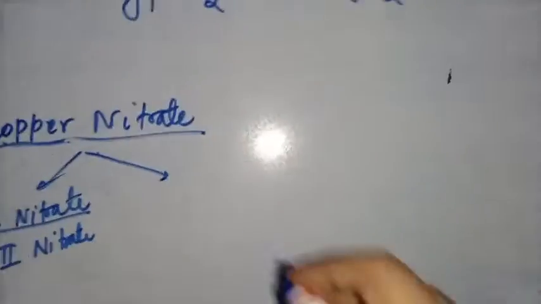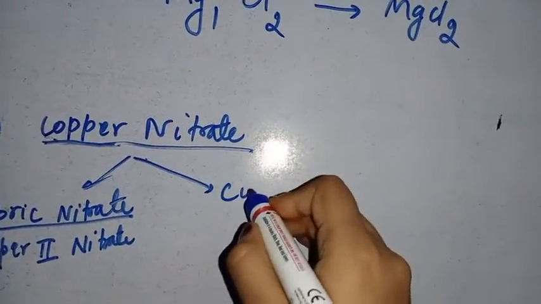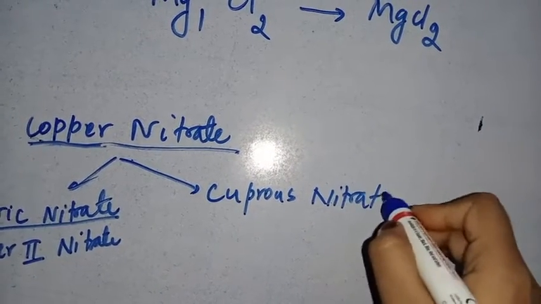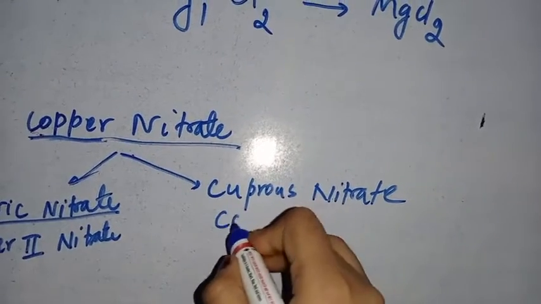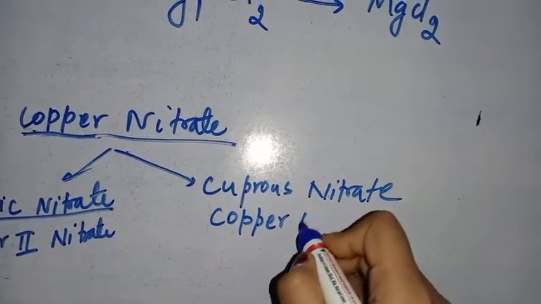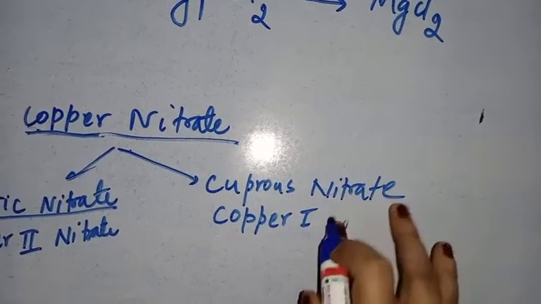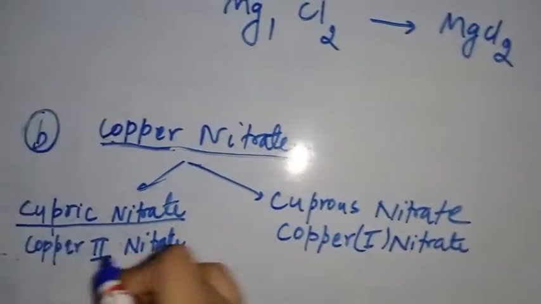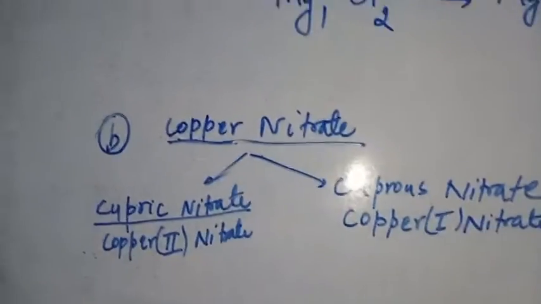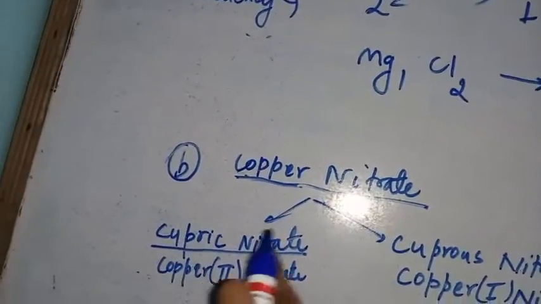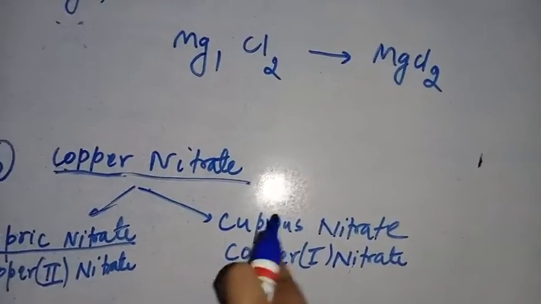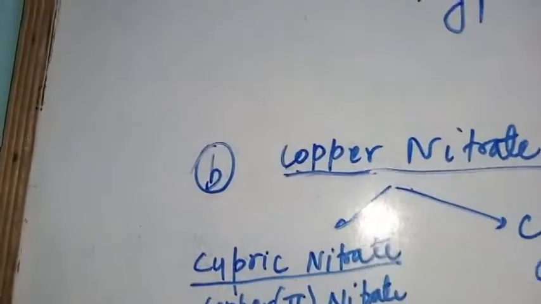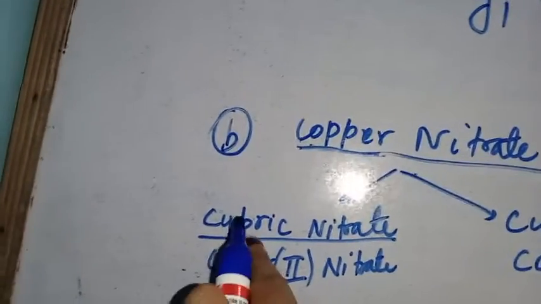Or it may be in the form of cuprous nitrate, or you can write copper 1 nitrate. So copper 2 nitrate is also called cupric nitrate, and copper 1 nitrate means cuprous nitrate.